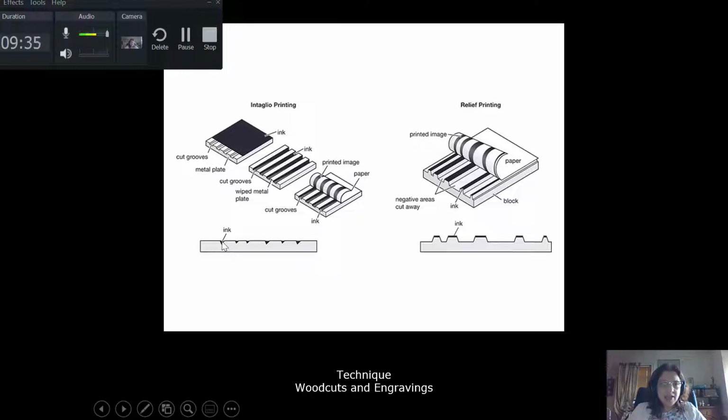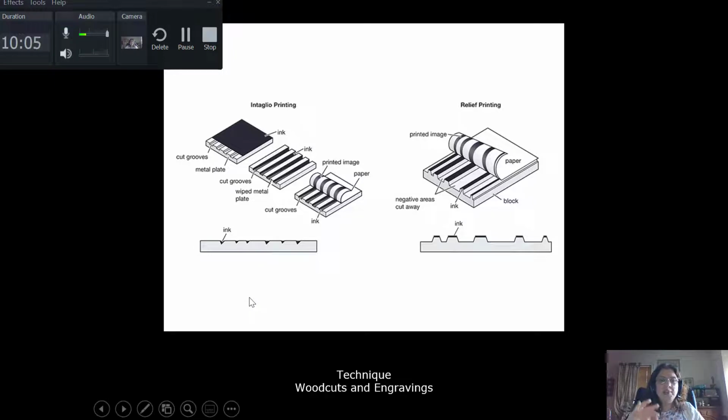And you are either scratching into it, or you are eating into it with acid, or there are a couple of ways, but in essence you're making lines or grooves in it, and then you're covering it with ink. You're taking a special material called tarlatan, and you're rubbing off the ink so that this part here no longer has ink, but you leave the ink in the grooves that you've made.